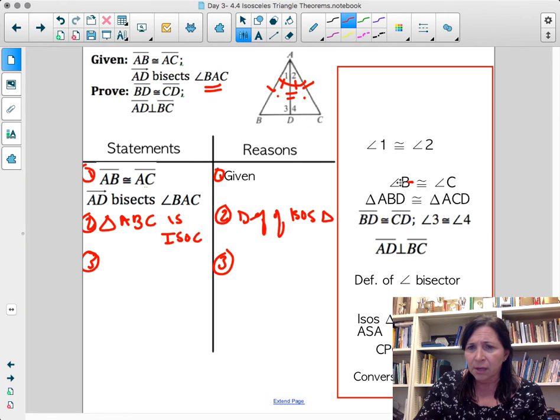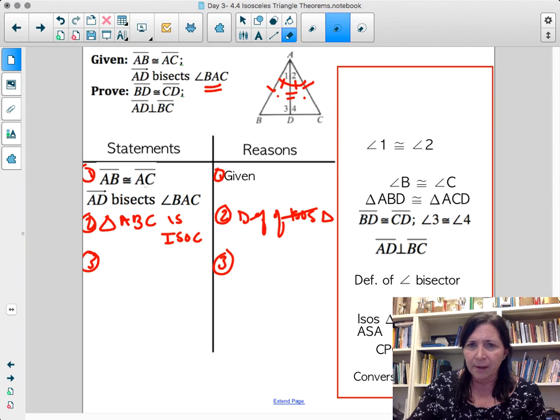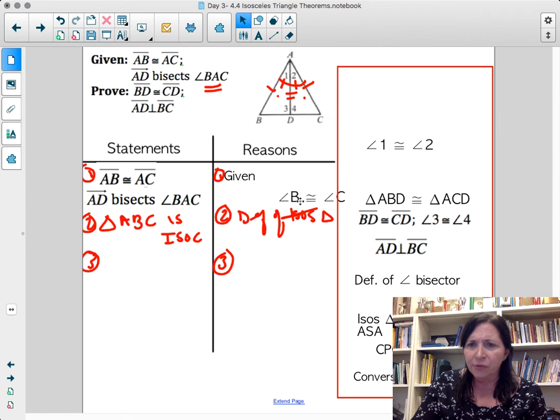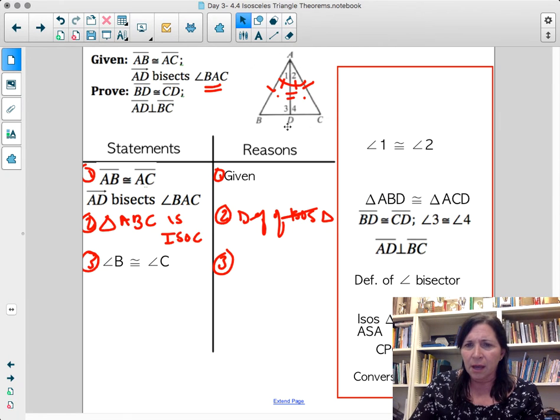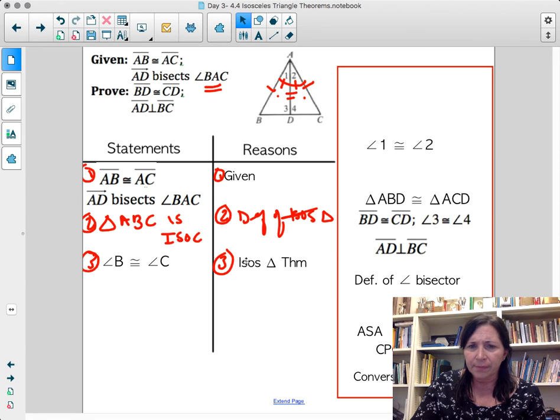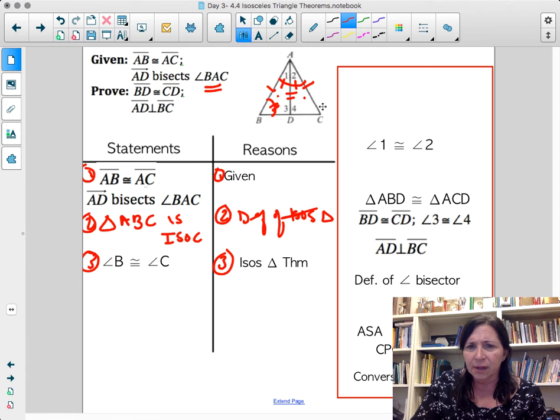Let me erase that part. Sorry about that. So B is congruent to C, isosceles triangle theorem. Next, once I know that B is congruent to C, I'll give that 2 slashes. Let's see. BD is congruent to CD.